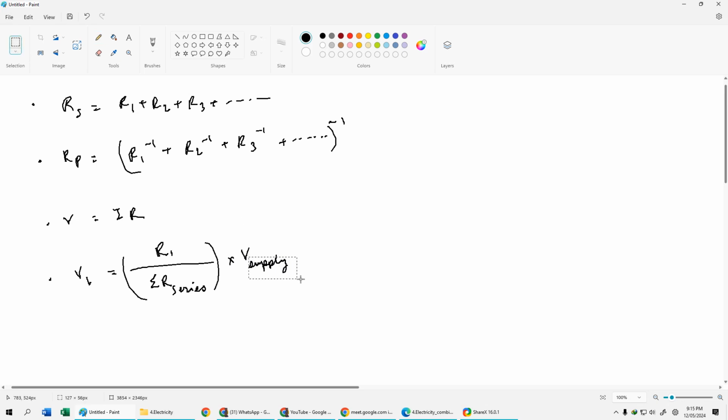A better description would be the total voltage available across the series combination. So if we are trying to figure out the voltage across resistor 1, it goes over here, and that's how it works. For formulas, these are all that we have.